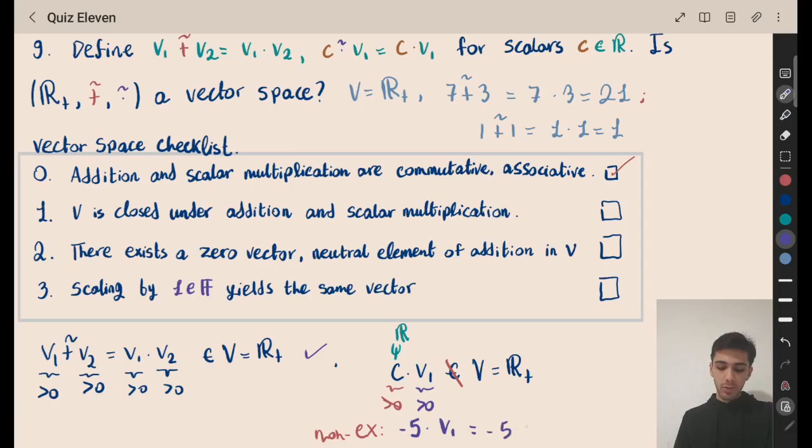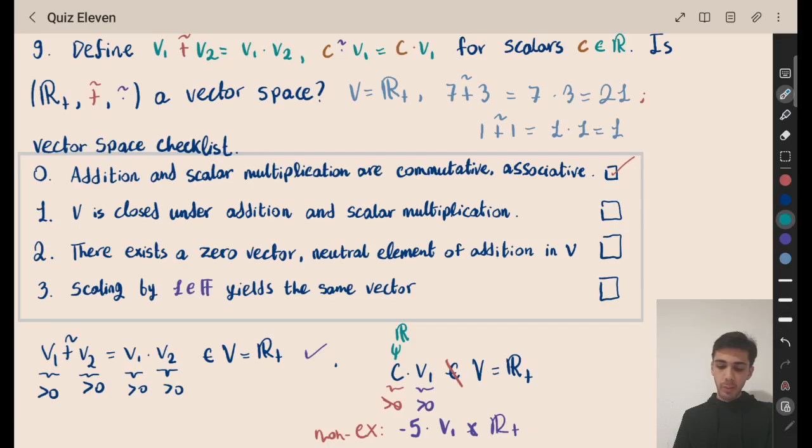This will give me a negative number, which is not in R positive, despite C being in R. And V1 is greater than 0 because it's in R positive.